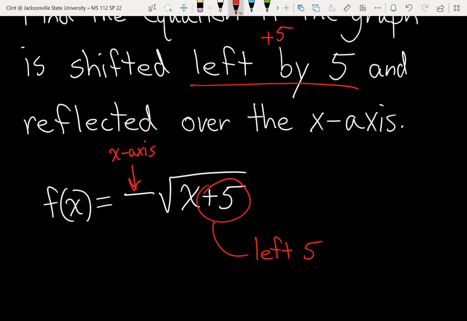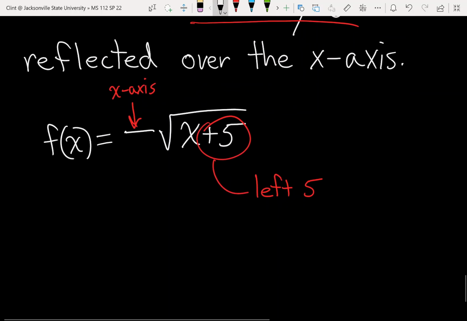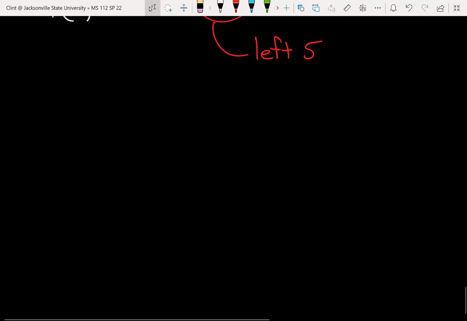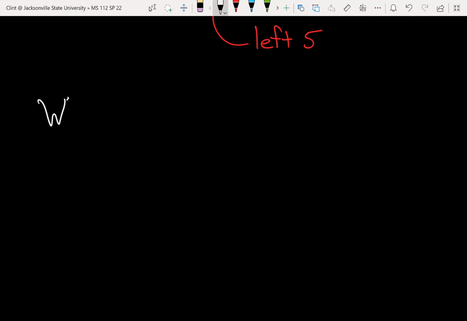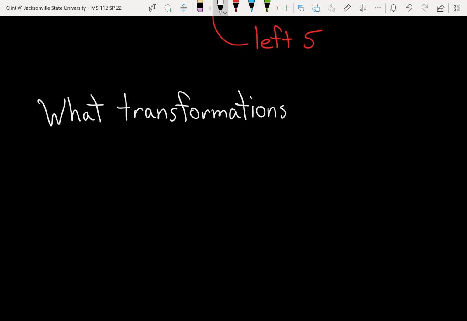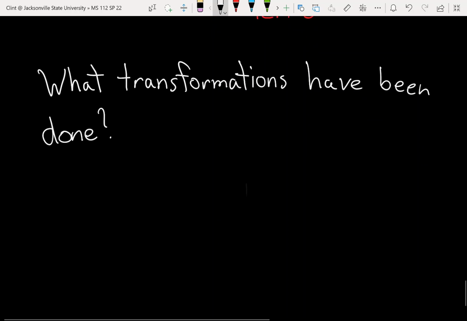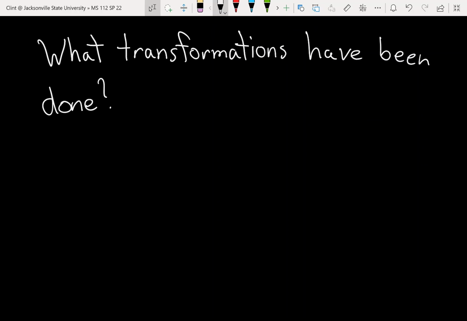Now let's do one more where we got several things going on. So I'm going to give you a function and we just want to know what transformations have been done. So here's our function.